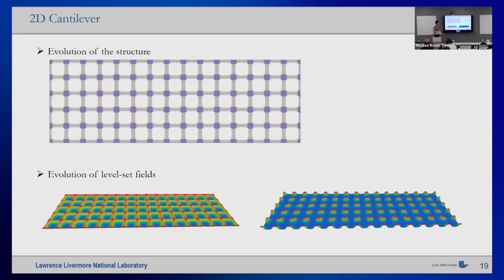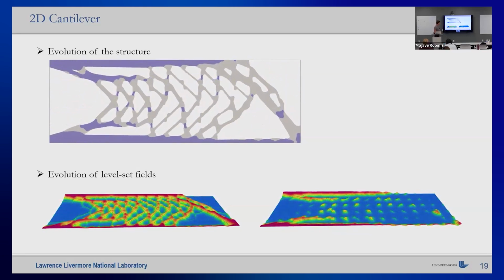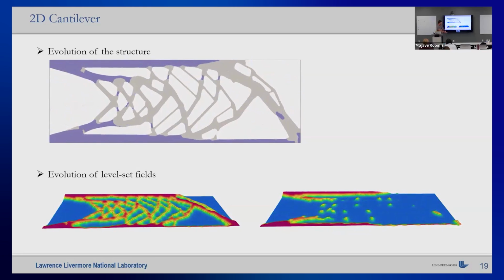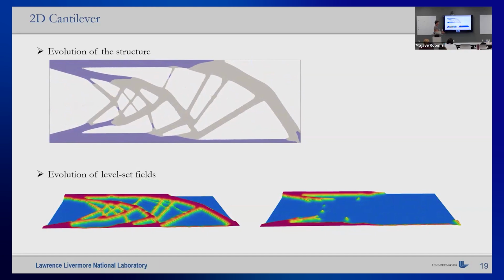And now we optimize such that we get a structure with an optimal material layout. You can see how both these level set fields at the same time get optimized to result in a more optimal structure with respect to whatever our objective is.